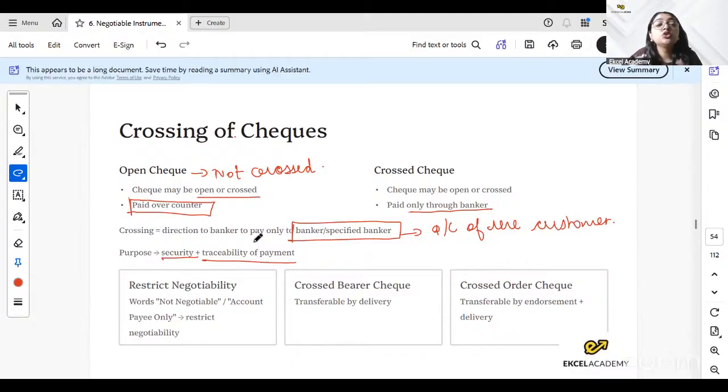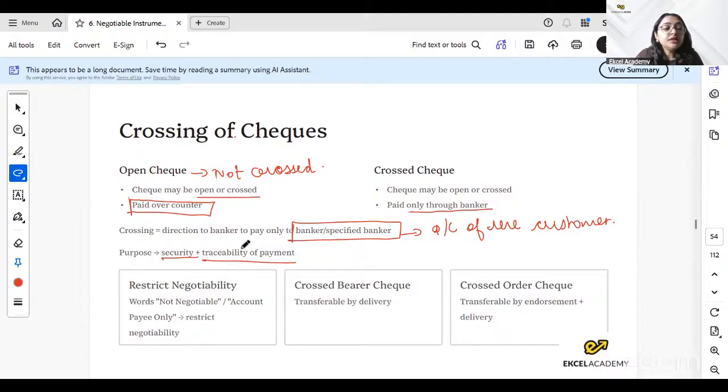No, because there's no record. Versus when it is a crossed check and B presents it, the bank will deposit that money in B's account, and there will be a clear traceability saying that A's bank has deducted the money and B's bank has collected the money on so and so date. So there is ultimate security here, and payment is also traceable.